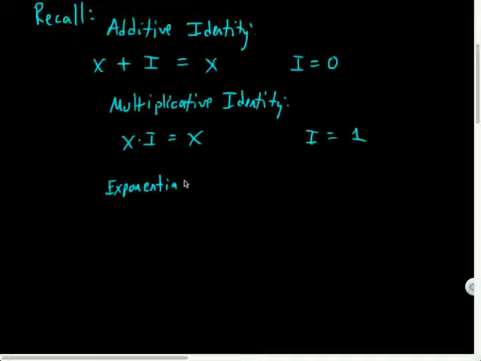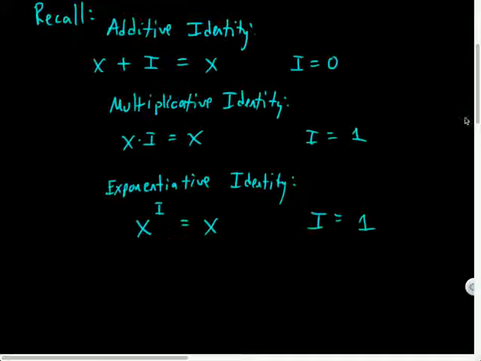So the exponentiative identity? So x to what power would equal x? Yeah, the first power, right? So that's the concept of an identity regarding some of our operations, at least with plain old real numbers, right?